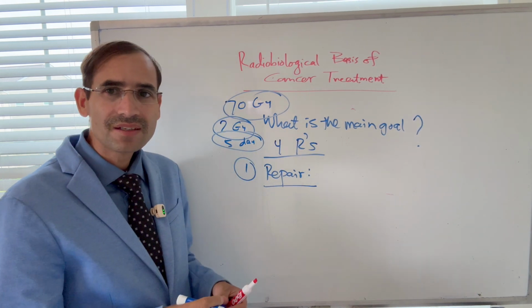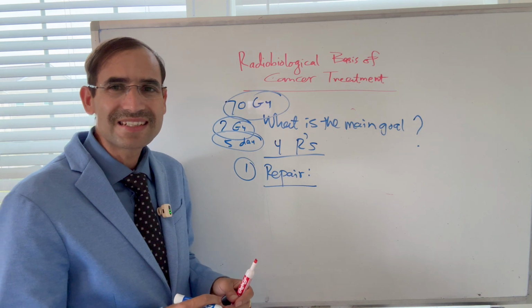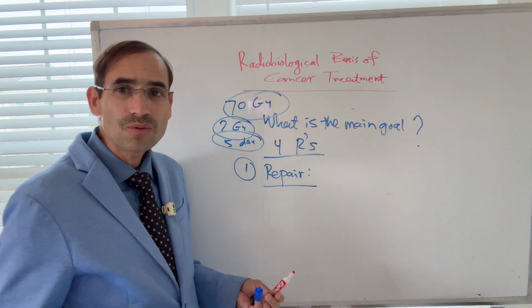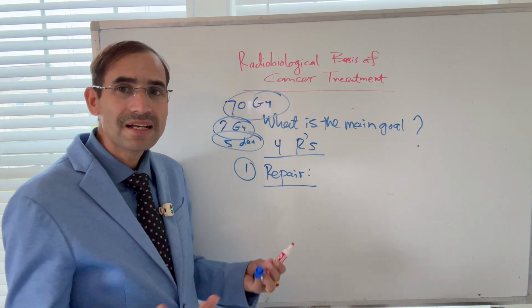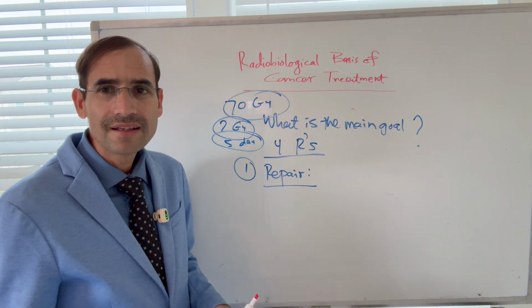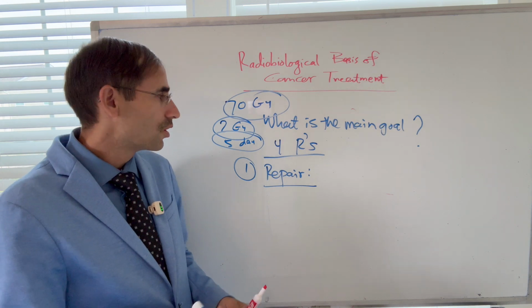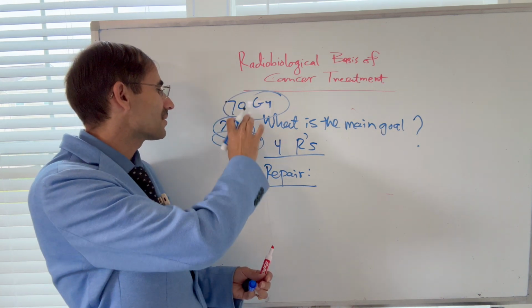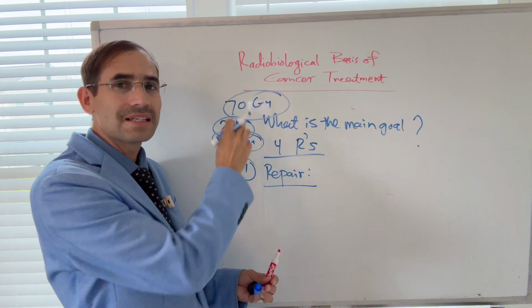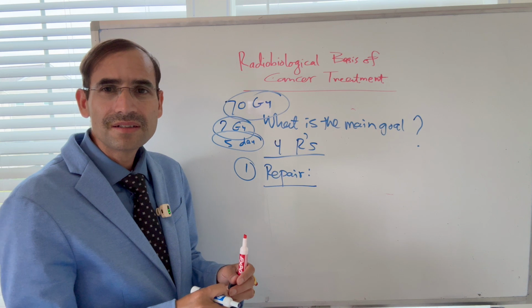That is 5 multiplied by 2, which is 10 gray per week. Over a 7-week course, you complete the 70 gray delivery.